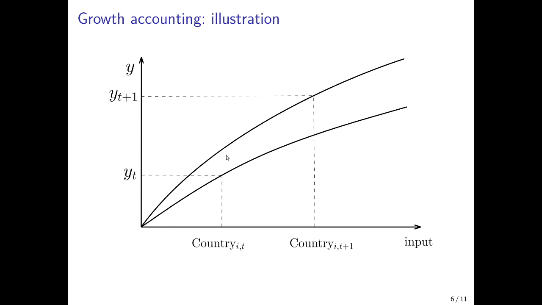And another part of this increase in y_t is explained by productivity increases. And what we want to do with growth accounting is decompose the increase in per capita GDP between time t and time t plus 1 into its components. The increase in accumulable production factors that we can further decompose into accumulation of physical capital, accumulation of human capital, and into increases in productivity.